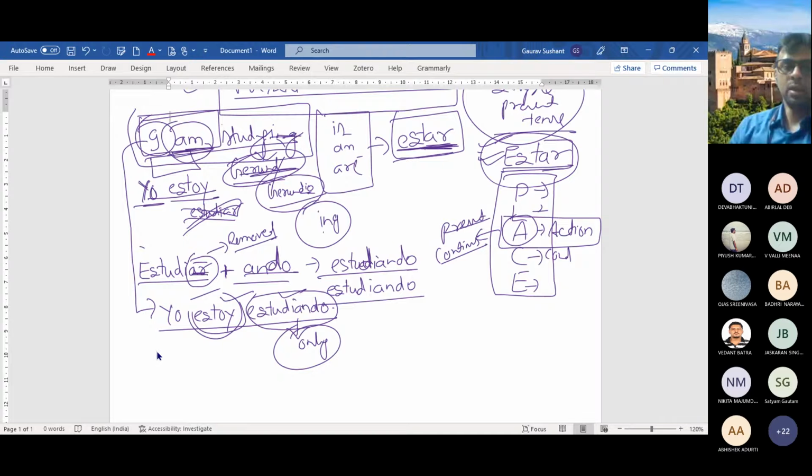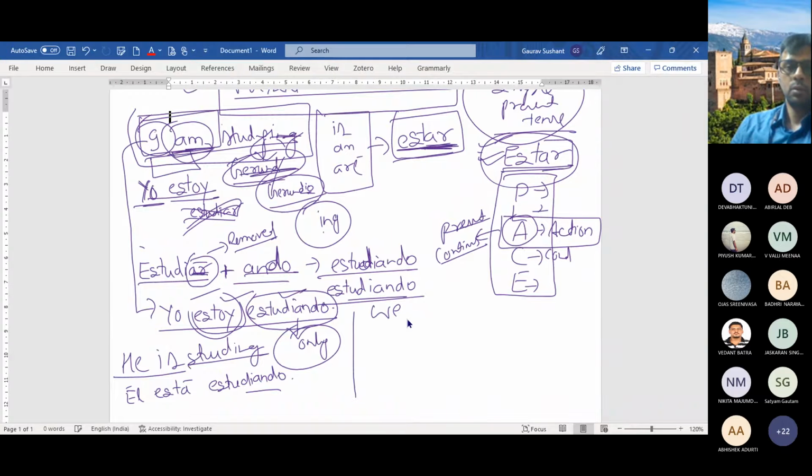If I make it he is studying, the form of estar will change according to the subject él. It will be está, and estudiando is what we will use again.